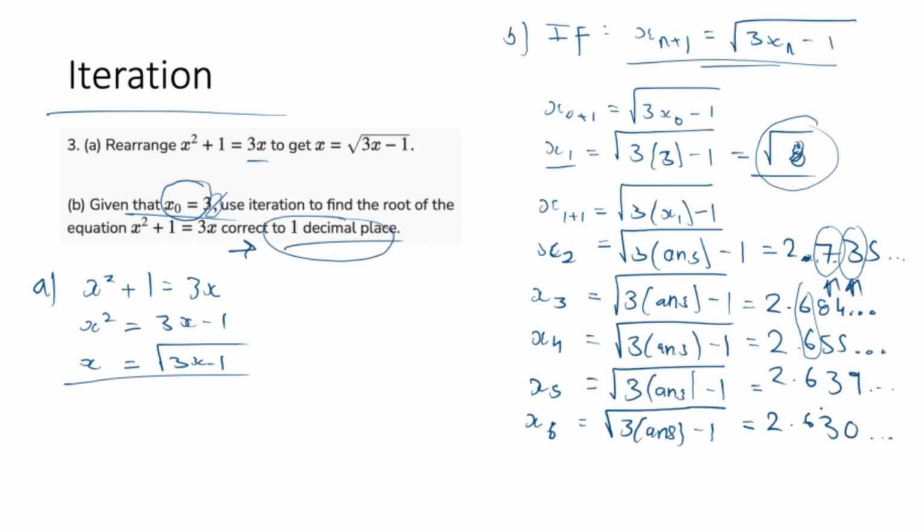And there we go. Constant 100th term. So we have a constant 10th term and a constant 100th term. Now that you found a constant 10th and a constant 100th, your answer will be 2.63, which you'll round to the first decimal place, which is 2.6.